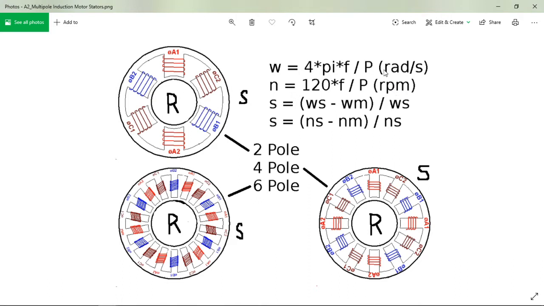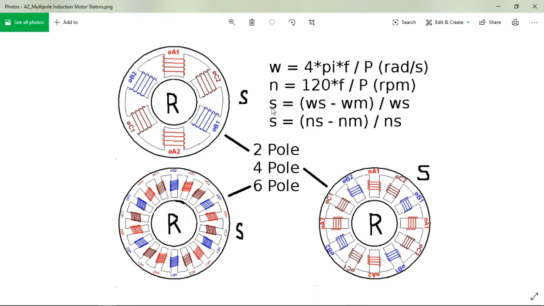For instance, if the number of poles is 2, then 2 over 4 would be 2, so it'd be 2 pi times 60 radians per second. Here you'd have 60 times 60, which would be 3,600 for a 2-pole motor.